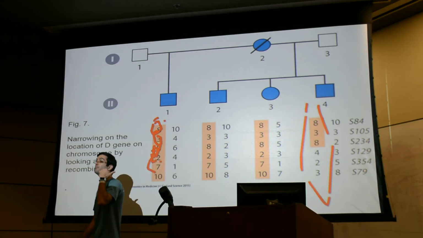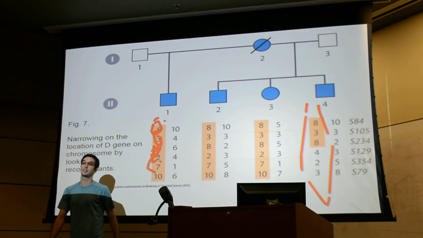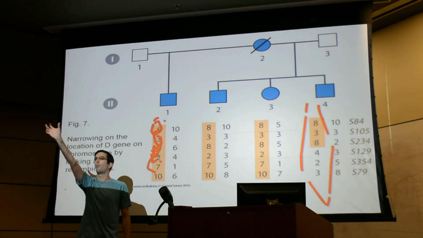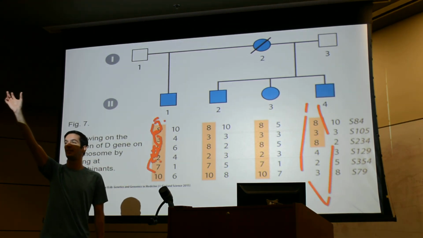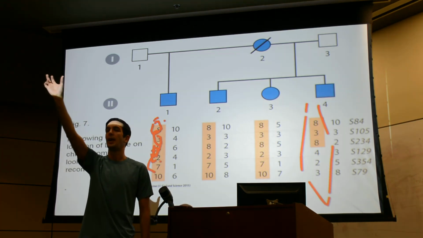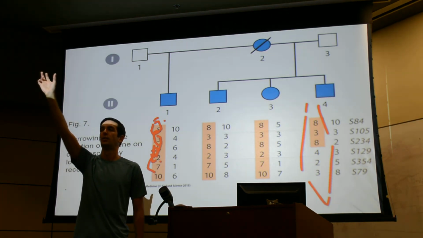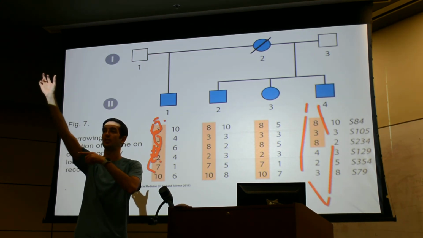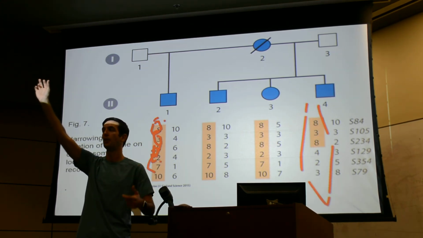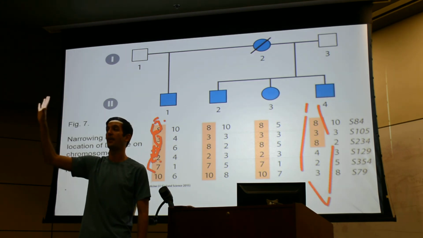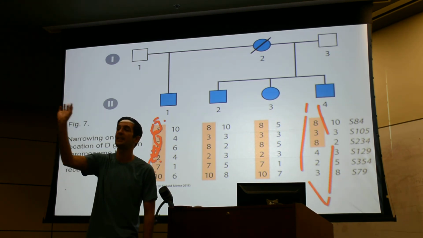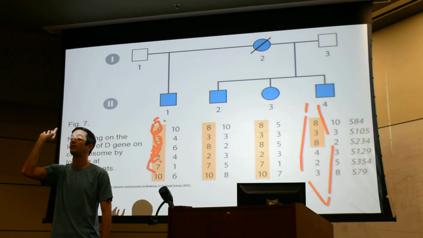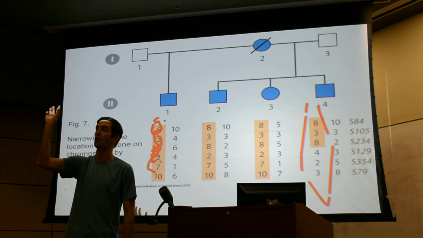This actually is even better for us, because let's say I have one block, and we know this is where the disease is, because everyone has this block, and let's say there are 5 genes in there. Can I be certain from this point which of those genes is the one leading to the disease? No. I have an idea it's one of those 5. I can do more research into it, but I can't tell just from this exactly which one of those genes is the one that's screwed up.